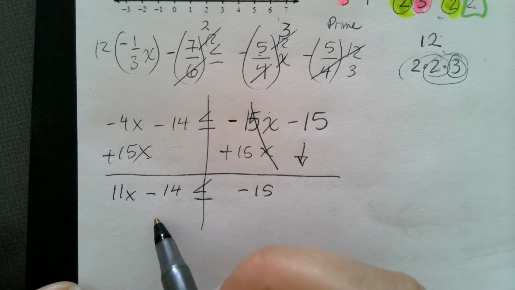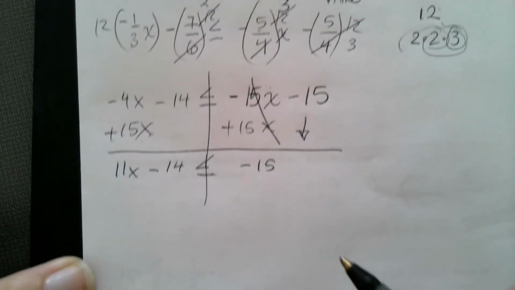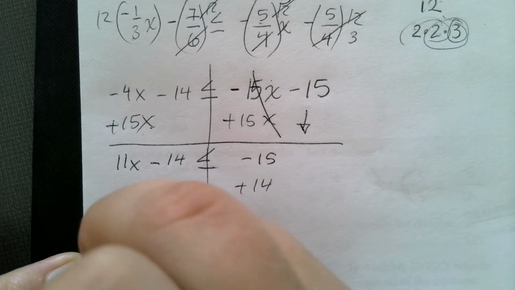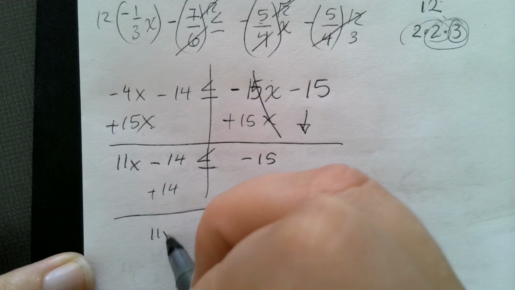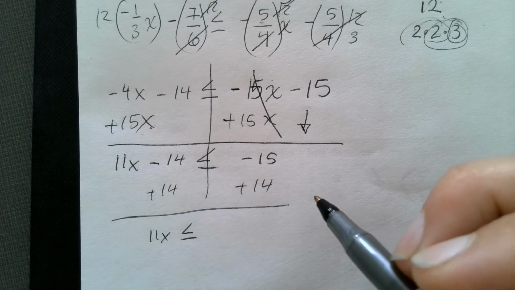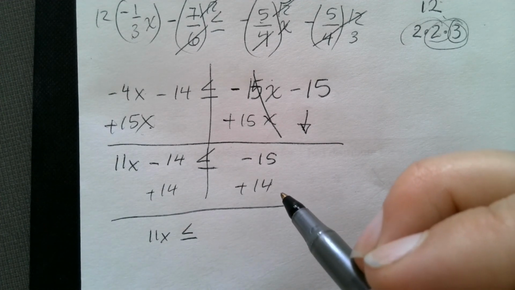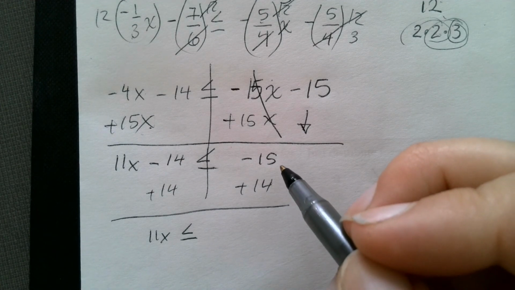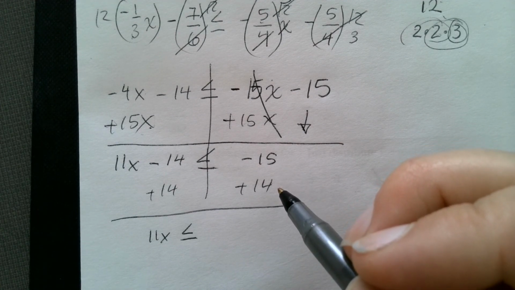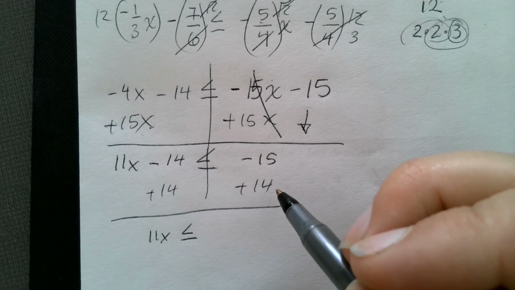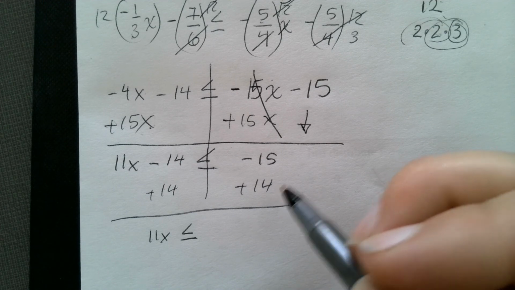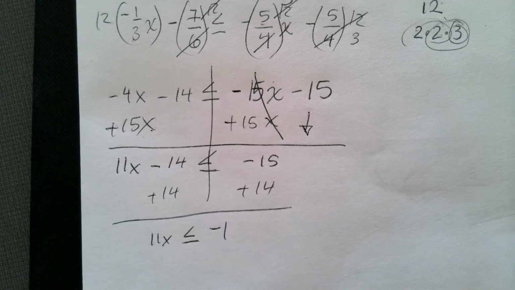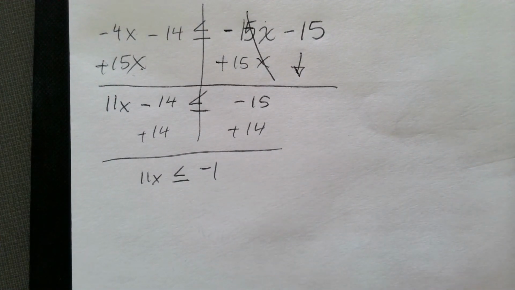I want to move that 14 to the other side. How am I going to do that? Exactly. Negative 15, positive 14. What does it make? This means you owe $15 and you pay 14 back. Do you have or do you owe? You owe 1. How do I get that x by itself?